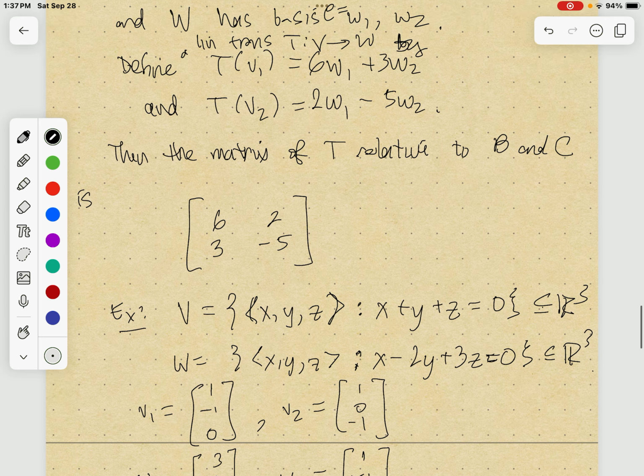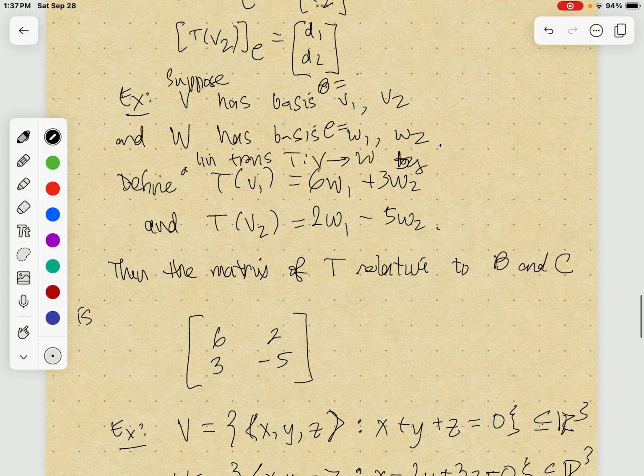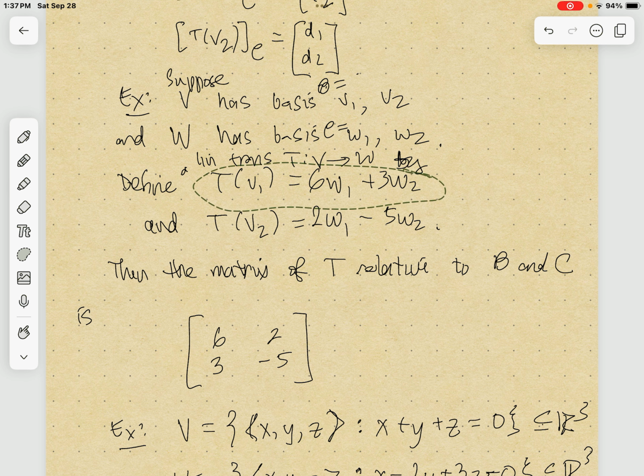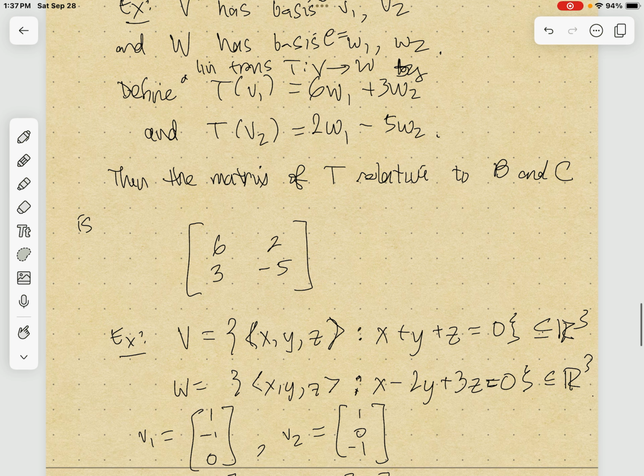Well, in the previous example, it was easy because the question told you what T of V1 and T of V2 were relative to W1 and W2, right? You were just told that T of V1 was 6 W1 plus 3 W2, and you were told that T of V2 was 2 W1 minus 5 W2, and that allowed you to immediately figure out what this matrix is.